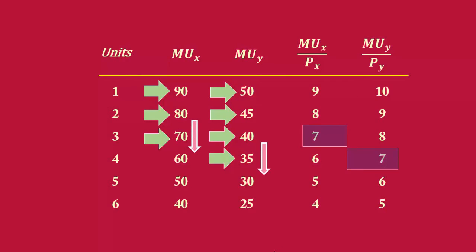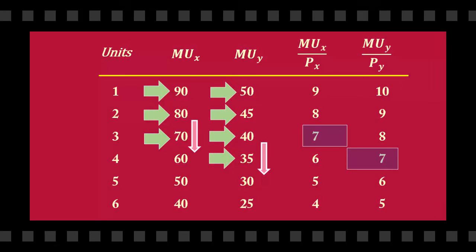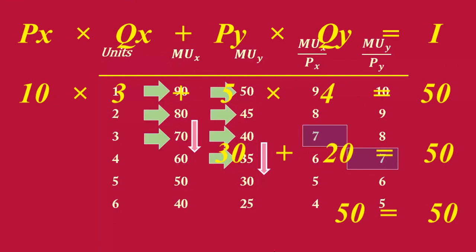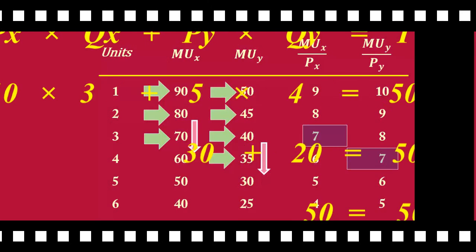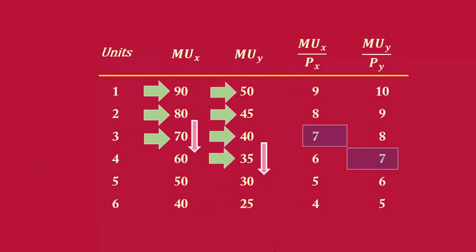Marginal utilities of both the goods are diminishing. Second condition is satisfied. He spends 30 rupees on good X and 20 rupees on good Y. It exhausts his entire income. Third condition is also satisfied.